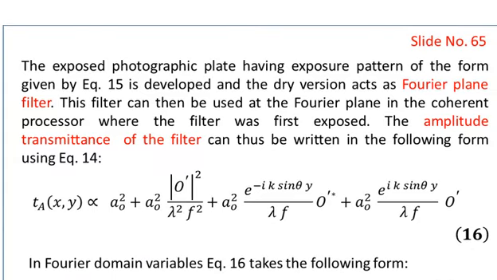The exposed photographic plate having the exposure pattern of the form shown in equation number 15 is developed, and the dry version acts as the Fourier plane filter. This filter can thus be used at the Fourier plane in the coherent processor where the filter was first exposed. The amplitude transmittance of the filter can thus be written in the following form using equation number 14.